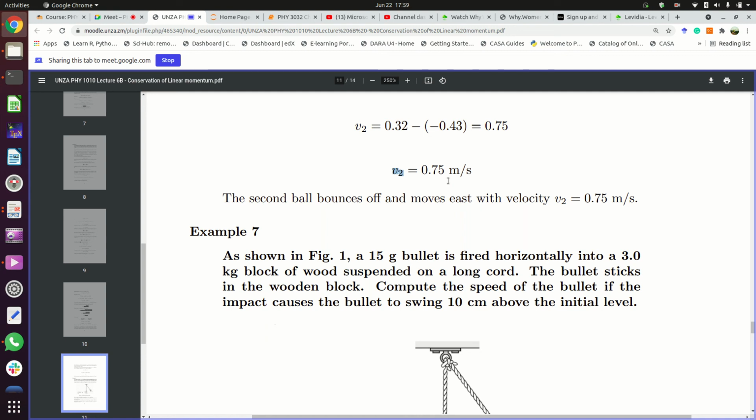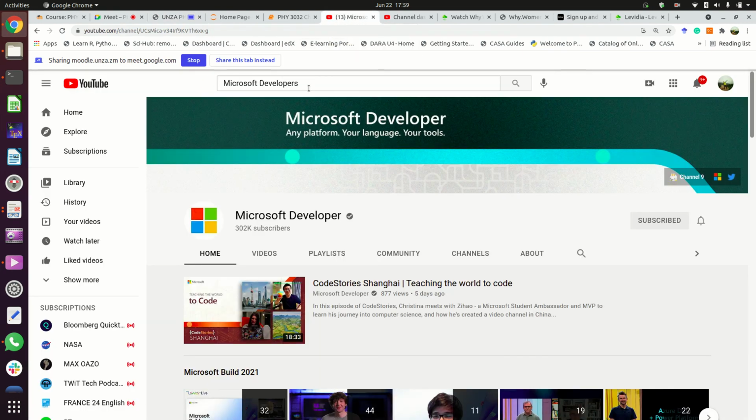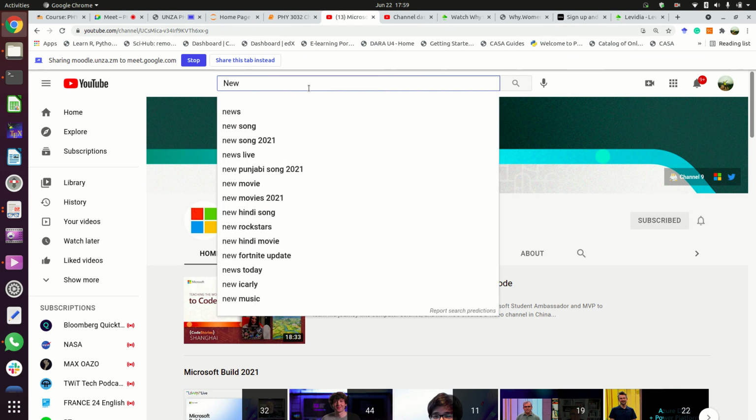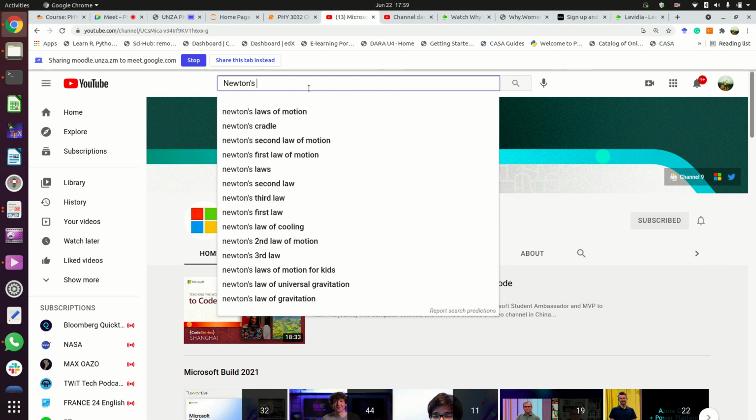There is an apparatus called Newton's Cradle, which exploits this same thing: conservation of linear momentum, and also conservation of kinetic energy.